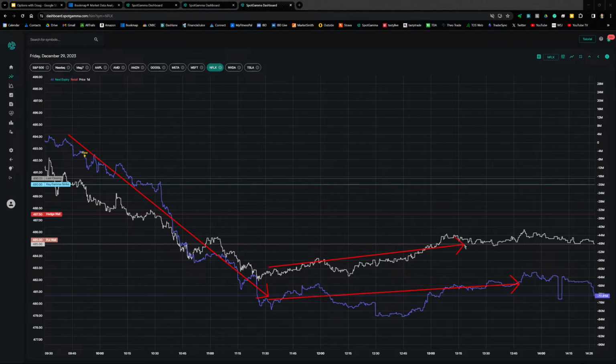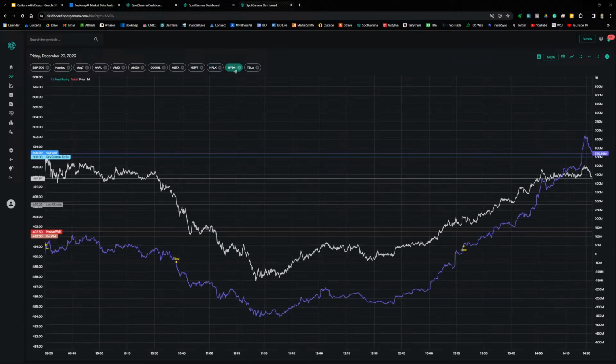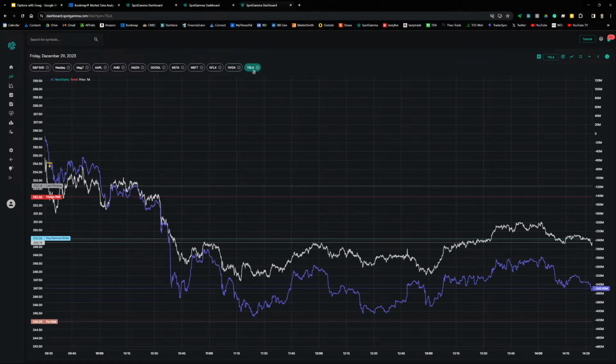And price now is trying to move higher. NVIDIA, strong rebound, as CWR pointed out. Tesla, the consolidation after options traders take their foot off the gas.